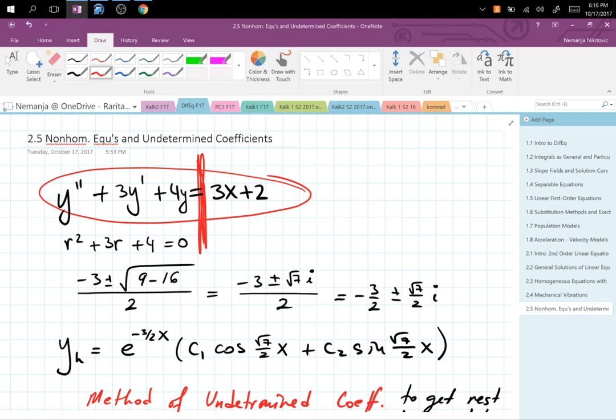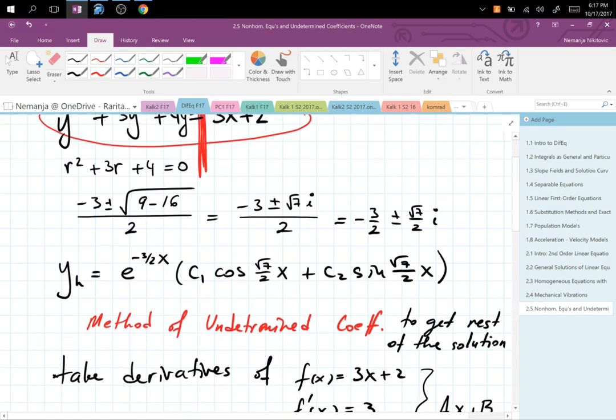That part is the constant coefficients material from 2.3. So when you're done with 2.3, you have your homogeneous part of the solution.